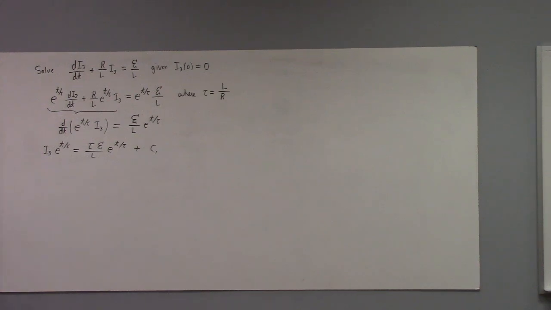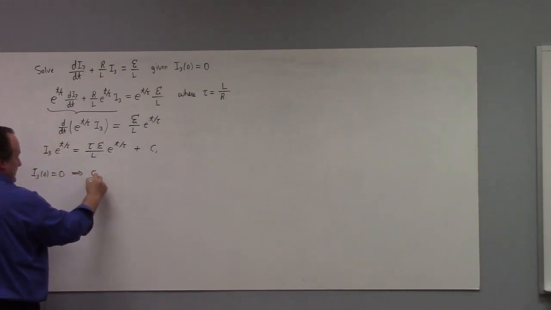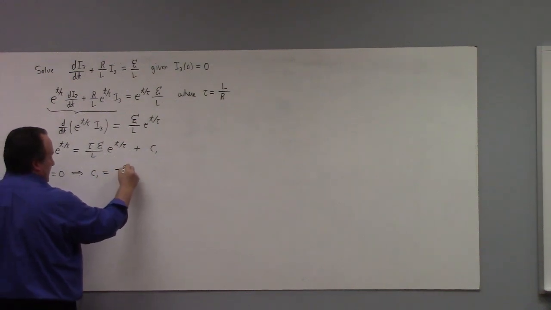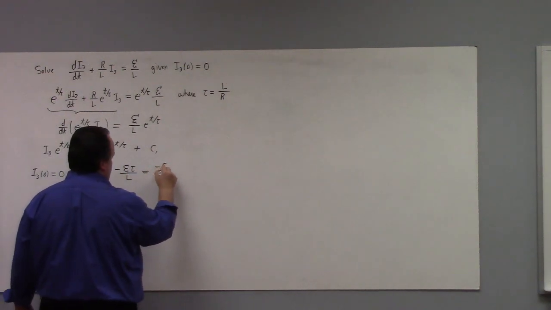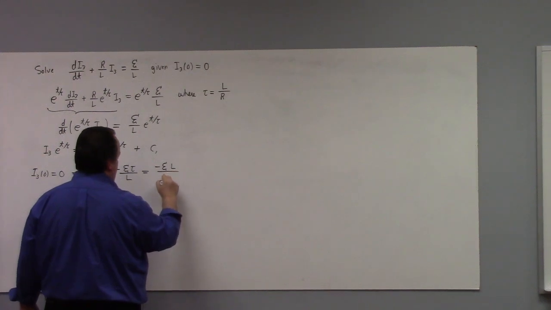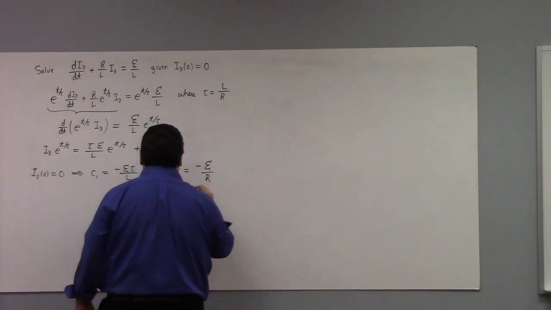But I3 of 0 equals 0 implies that the constant has to be equal to minus E tau over L, which we could simplify: that's minus E L over LR, which is just minus E over R.